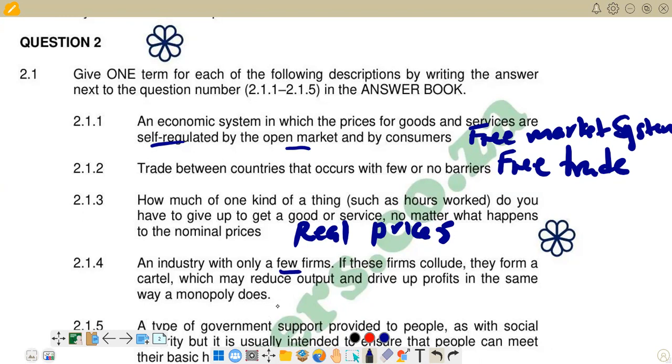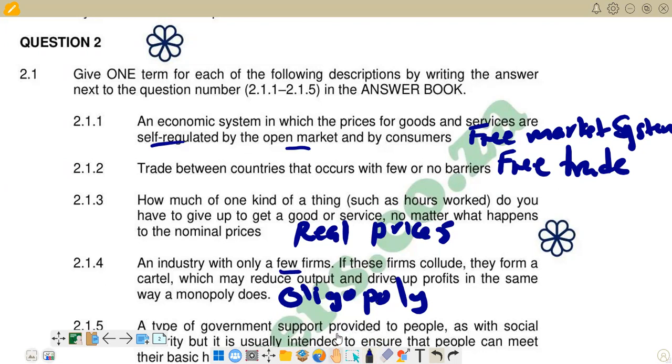In our local economy, it's explained by the mobile line industry, where we have MTN, CLC, etc. That really describes the nature of an oligopoly. So oligopoly is the market structure that fits the explanation on 2.1.4.